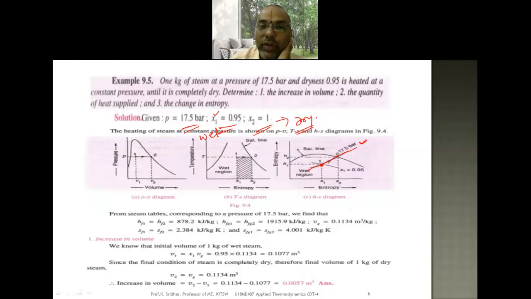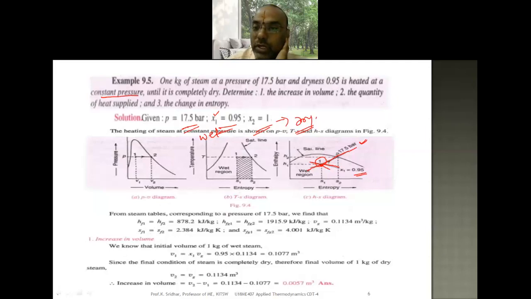Here the dryness fraction value is given as 0.95, and the dryness fraction line is passing like this, so this is x1 equivalent to 0.95. Wherever this constant pressure line and the dryness fraction line intersect each other, locate this point as point number 1. Next, he said that it is heated at a constant pressure.